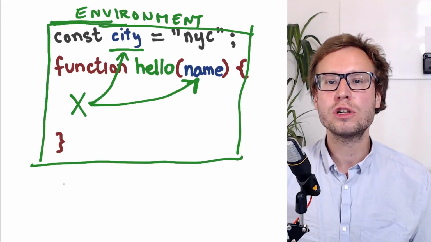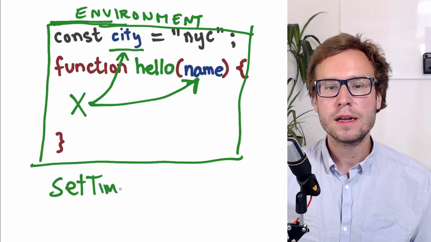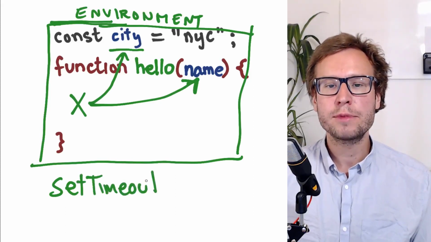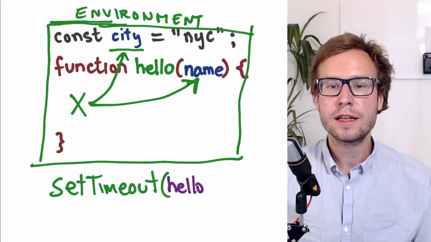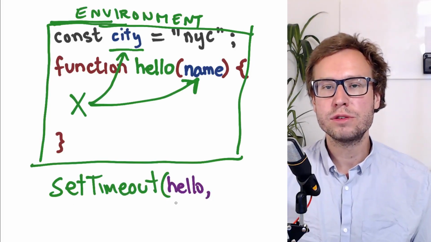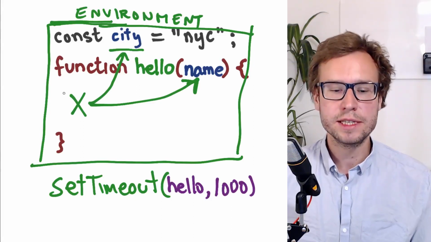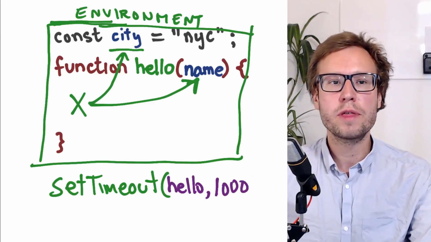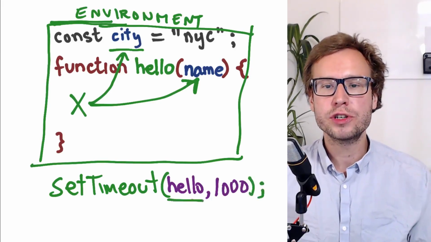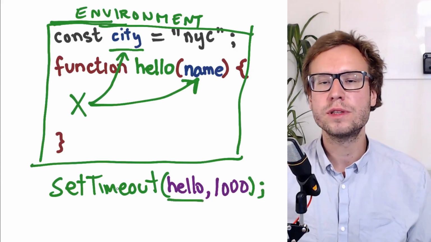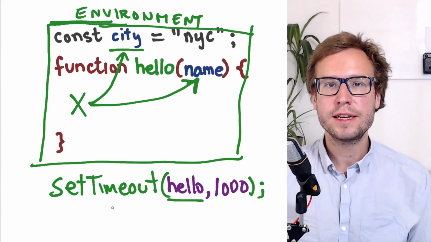So my function hello that I just defined, right after I defined it, I'm going to call setTimeout, and I can pass the function into that function call. And then setTimeout takes a delay of milliseconds, so we'll give it a delay. So I've passed hello as an argument into setTimeout.